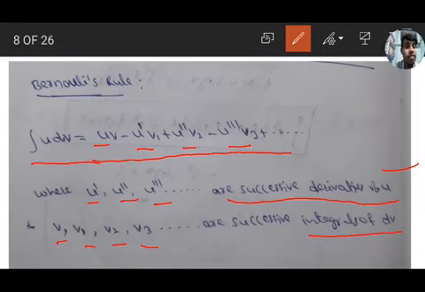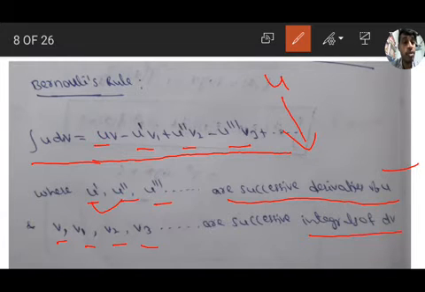The second function is dv, and v1, v2, v3 are its successive integrals, while u', u'', u''' are successive derivatives of u. Means if u is there, its derivative is u', then u'', then u''', then u fourth, like that successive derivatives.